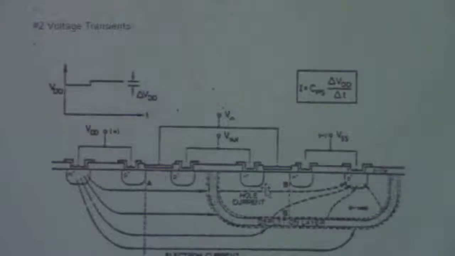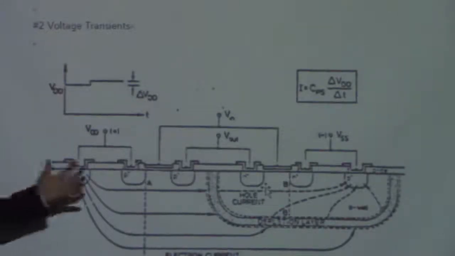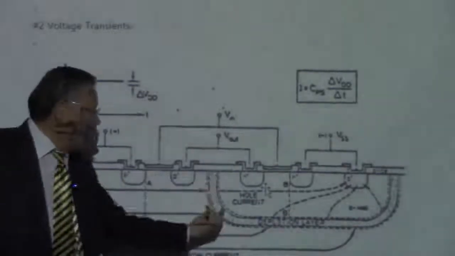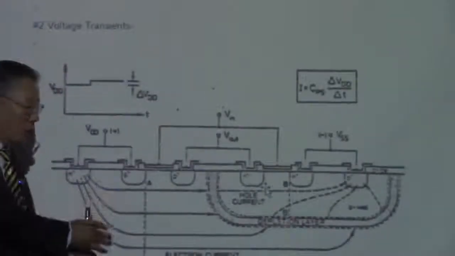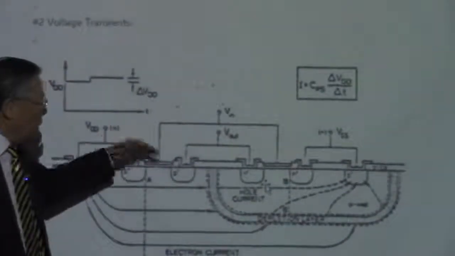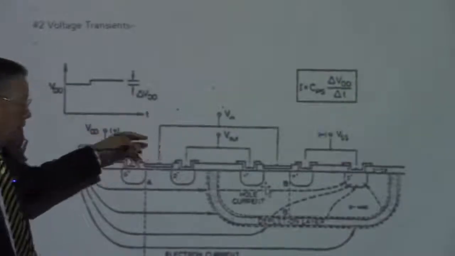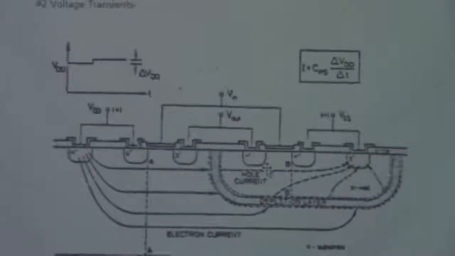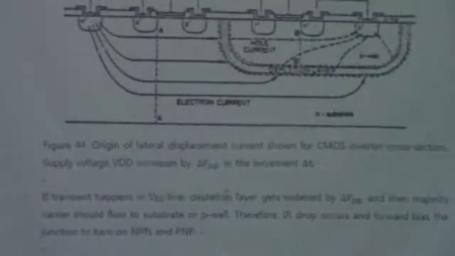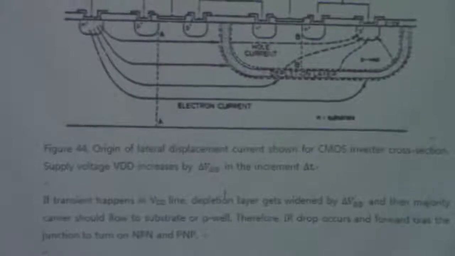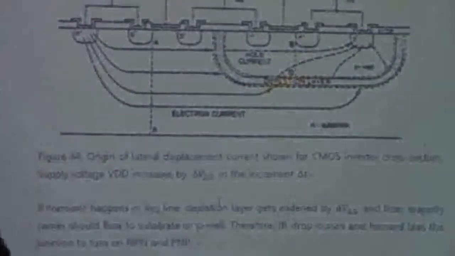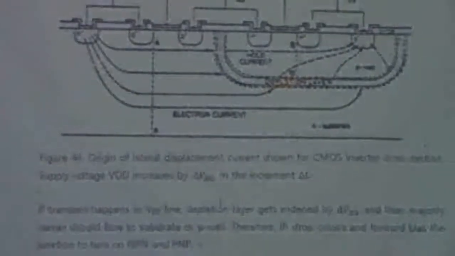The other thing is a voltage transient. If you switch the device many times, during the switching the depletion layer is going to widen and shrink, depending on the voltage that you apply. That variation will give you generation current, which can be collected to the lateral bipolar transistor as well.